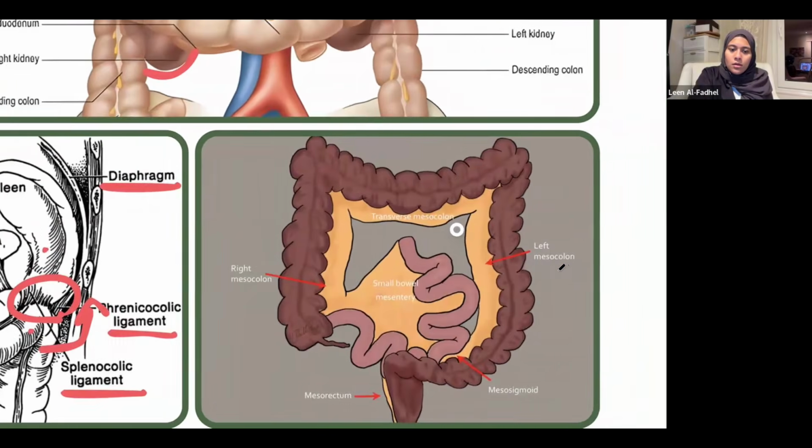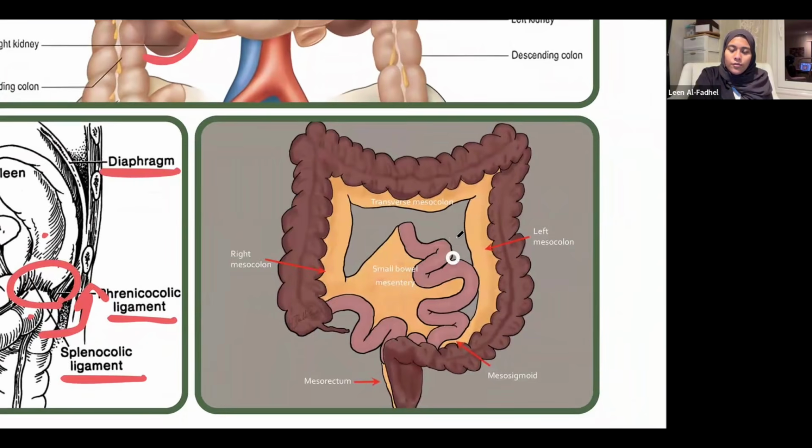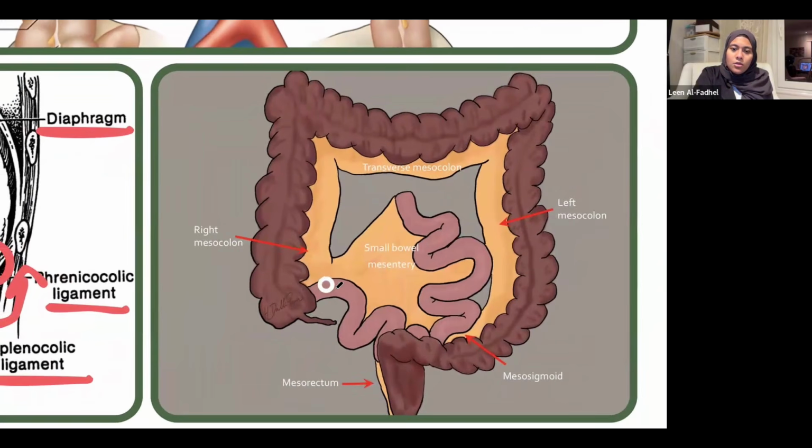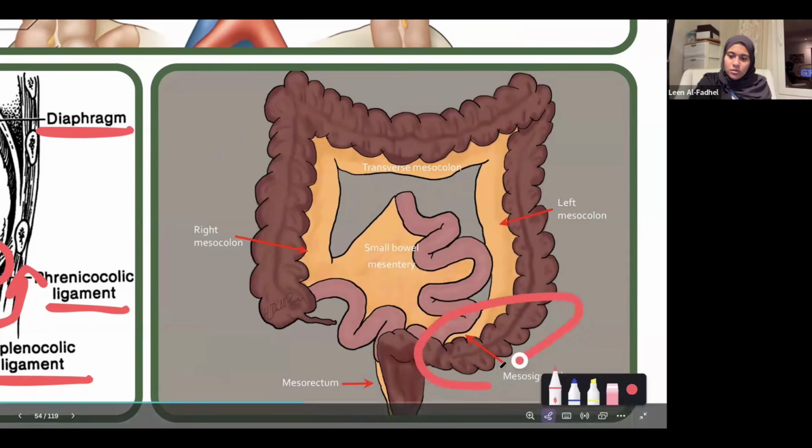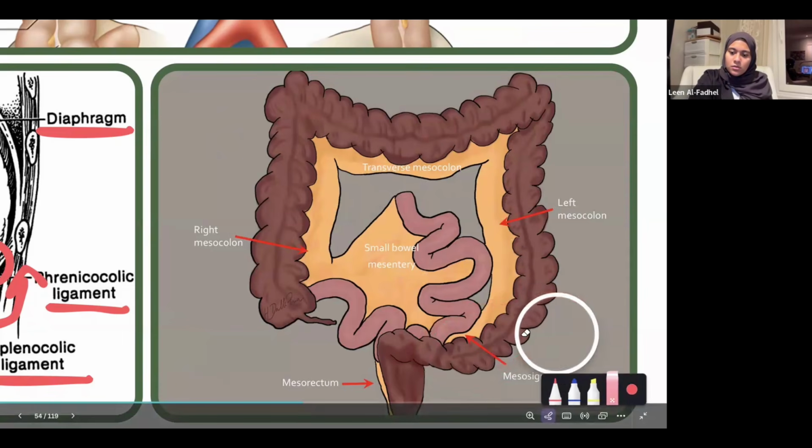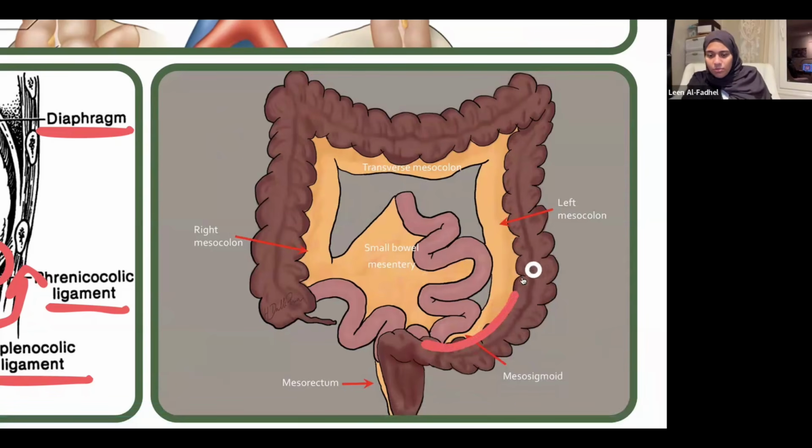Now, for this image, you have the mesocolon, the mesentery. The only thing I want you to know here is that the root of the sigmoid mesentery, this part, lies right over here. It's an inverted V shape, so it sits like that.